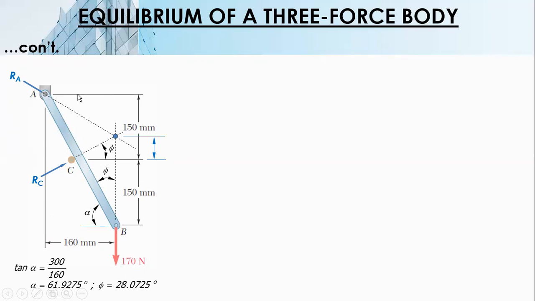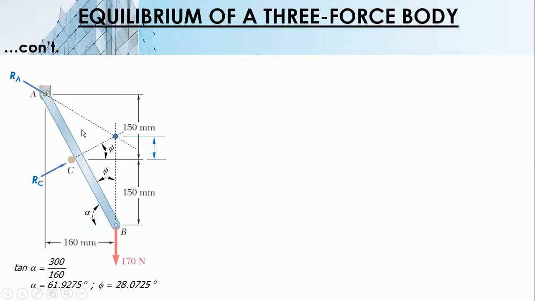This one is 160, no problem. We need to find the other distance, so first, we compute this distance. By symmetry or by ratio and proportion, the location of C is at the middle, since it is 150 and then 150.